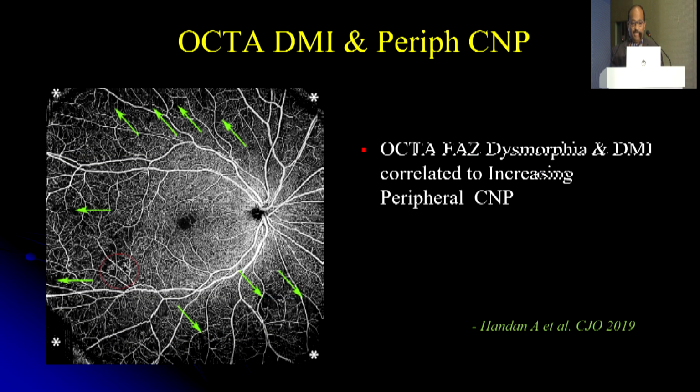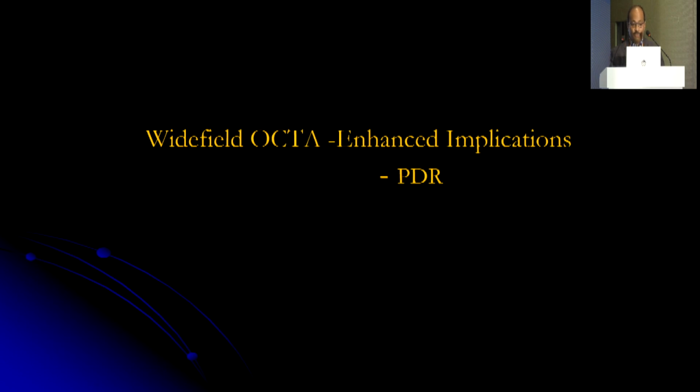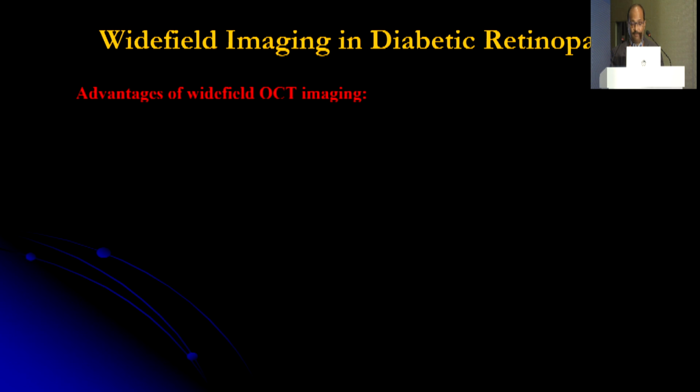Now, comparing DMI with peripheral capillary non-perfusion. This is a question which often comes up in conferences. So here, Handel et al. showed that OCTA phase dysmorphia and diabetic macular ischemia correlated very well with increasing peripheral capillary non-perfusion. Now, looking at wide field OCTA and what implications it has, especially for PDR.